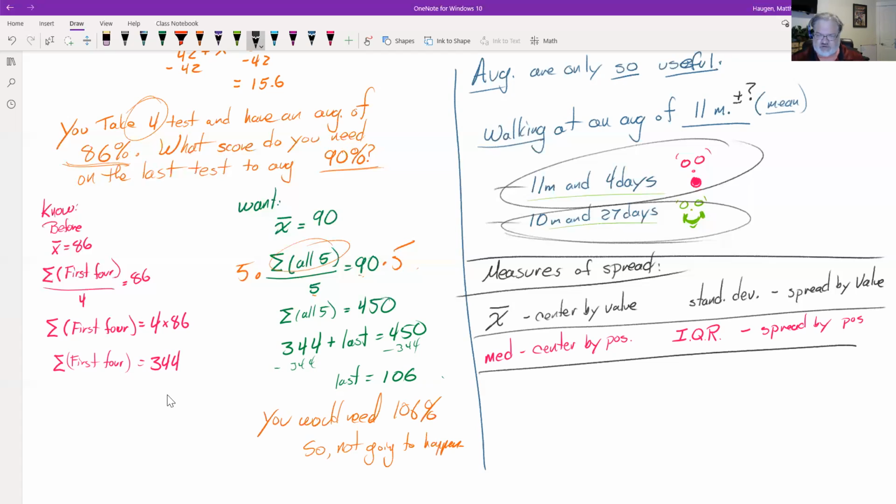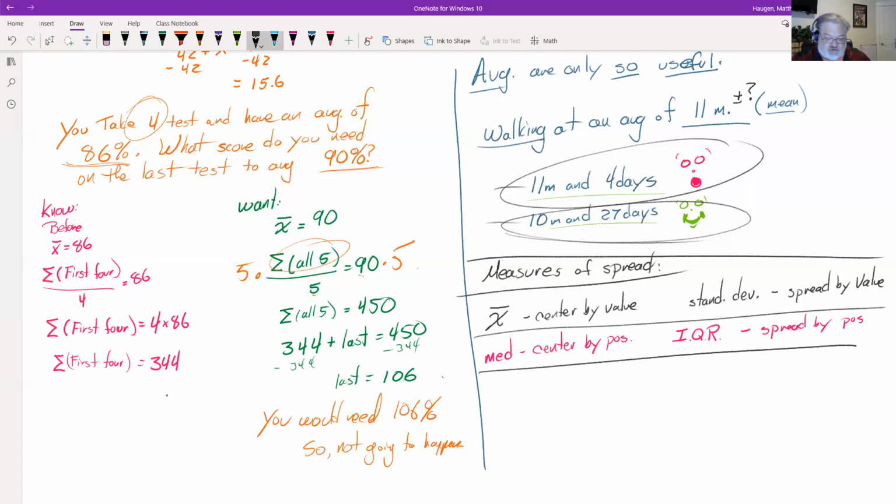Those go together. We tend not to mix these. Talking about median and standard deviation together, that would be weird. Talking about mean and interquartile range together would be weird. They're talking about different things, so we don't tend to mix them.